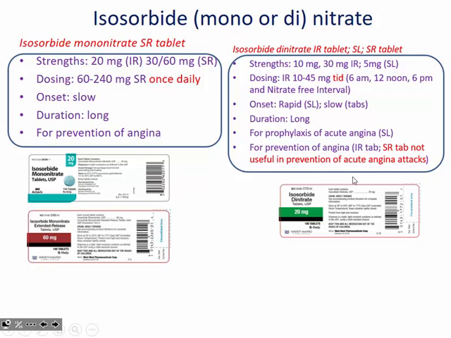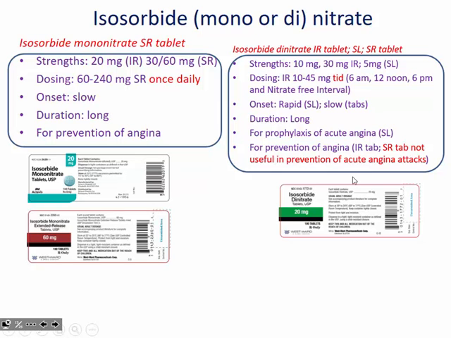The onset is relatively slow for dinitrate tablets because of that. In both cases we have an extended release formulation. Normally mononitrate is used twice daily and dinitrate three times a day, but the development of SR formulation allows once daily administration.